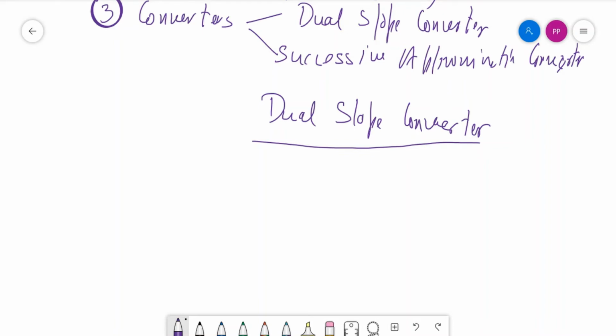So here we understand that the time taken for completion of the conversion process is not fixed but variable, depending upon the voltage to be measured and converted. To overcome this issue, we studied the successive approximation converter.